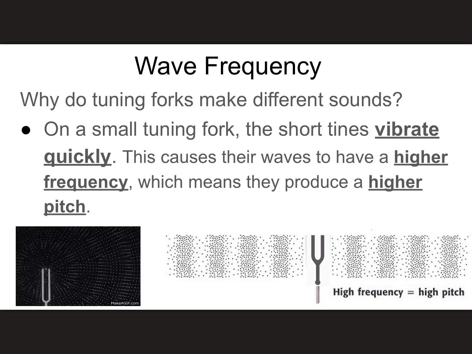On small tuning forks, the tines, which remember are these things right here, vibrate significantly more quickly. And because they are vibrating more quickly, they have higher frequency because those waves are moving faster. And because those waves are moving faster, that means they produce a higher pitch.